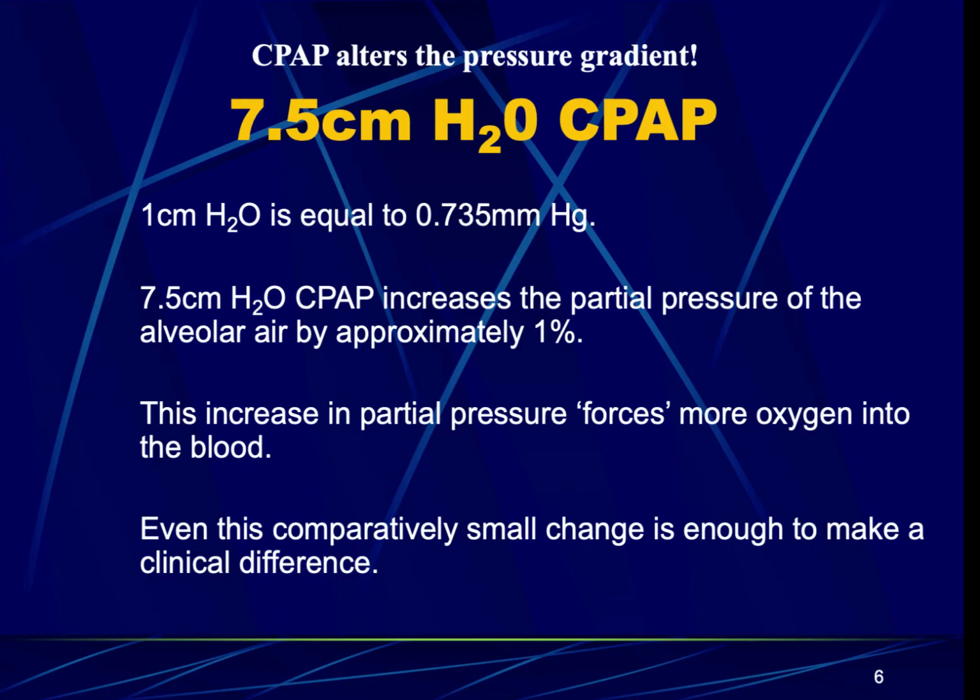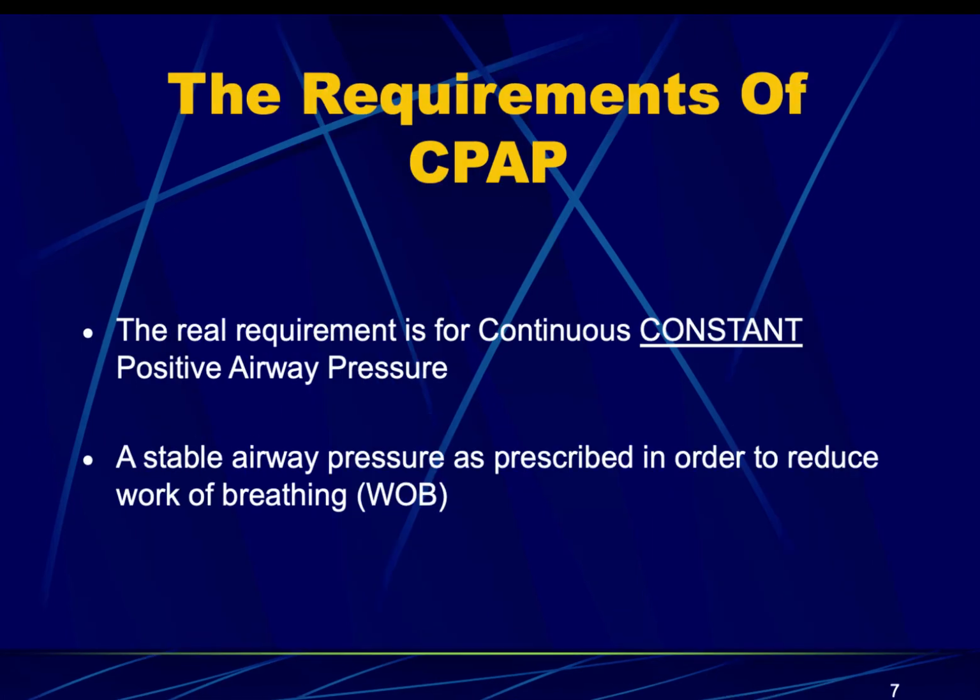This is showing you that even with small amounts of PEEP, we are accomplishing quite a bit for our patients. When we actually increase that partial pressure, we're forcing more oxygen to cross the alveoli and get into our bloodstream. Excuse me. So even really small changes in PEEP itself make quite the clinical difference.